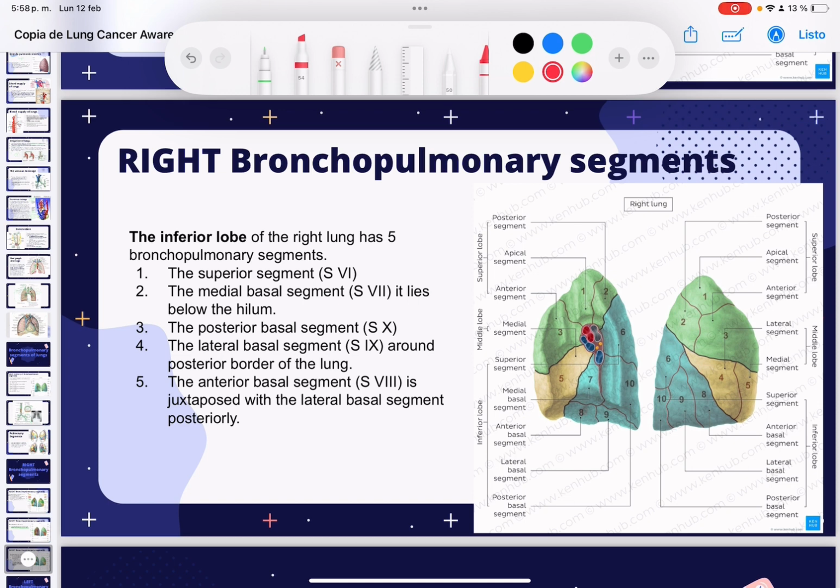So let's begin from the first. The superior segment is 6.